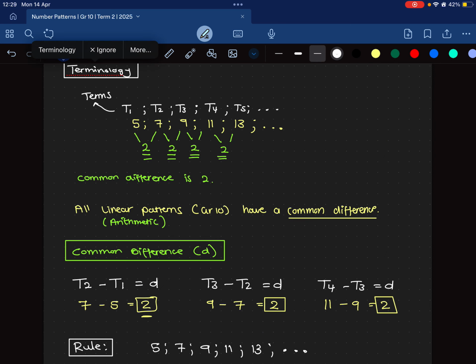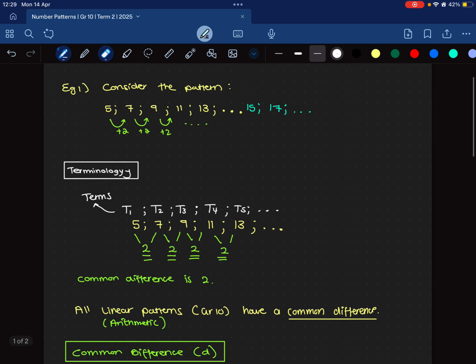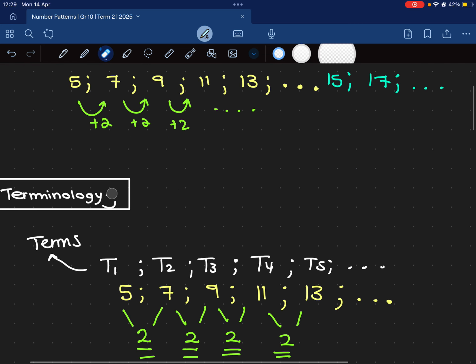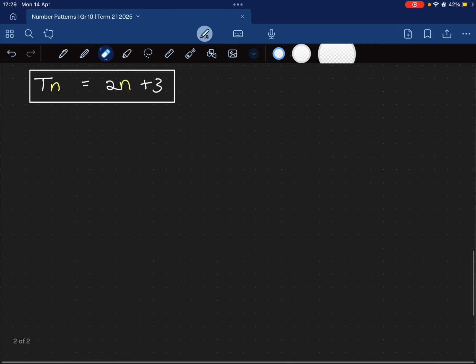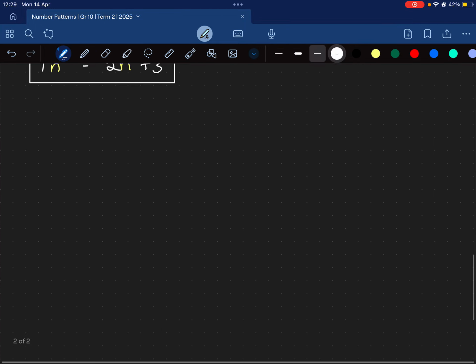Okay, so if I continue, I'll see that the general rule for any linear pattern is what I call the general term.